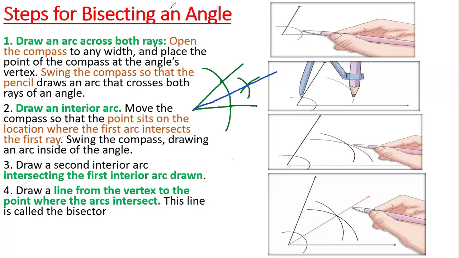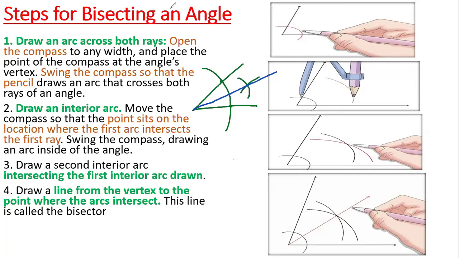Very good. So the bisector is the line that cuts the angle in half. Okay, I want to do an actual example with this.